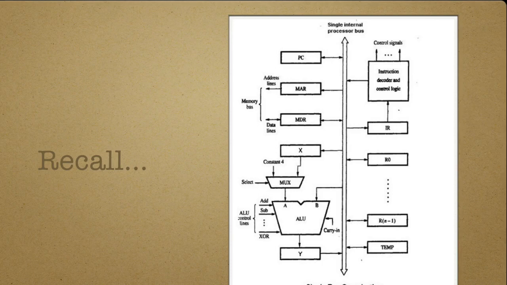These are general purpose registers, which we can call accumulators, and we have Temp, Y, X, mux, and like that, some registers used by the ALU or the CPU itself. These are not visible to the users. Only the general purpose registers will be visible to the users, and we have the ALU and the control unit. All these are connected through an internal bus, that is the CPU bus.